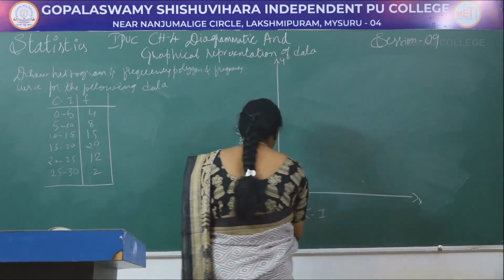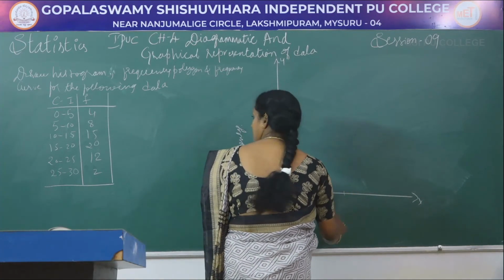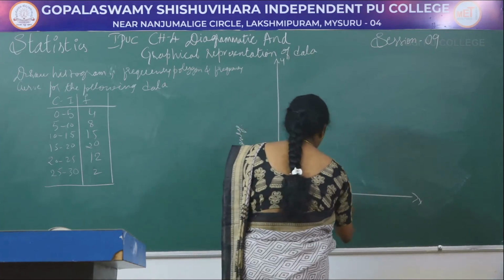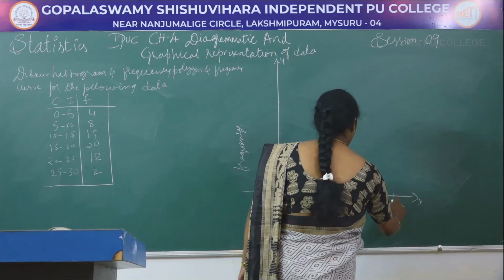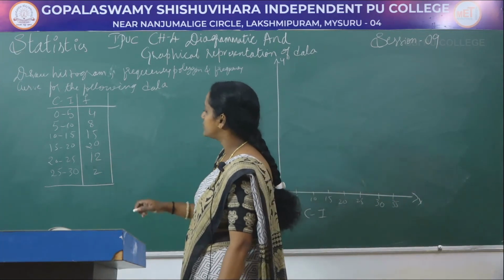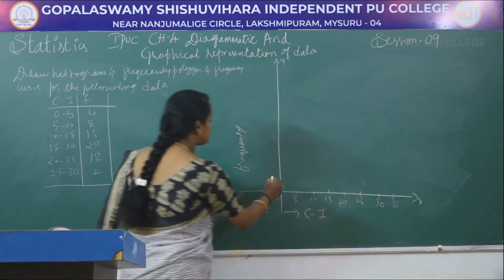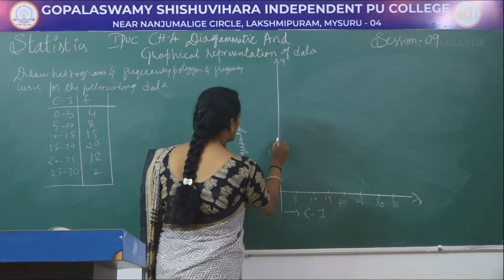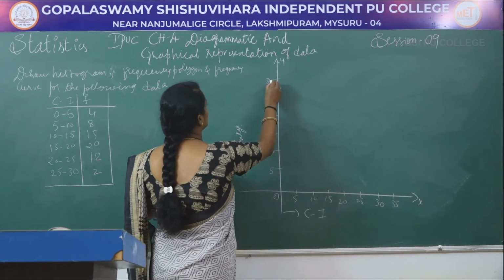In X-axis I will start from 0, 5, 10, 15, 20, 25, 30, 35. In Y-axis I will take 5, 10, 15, 20, 25, 30.